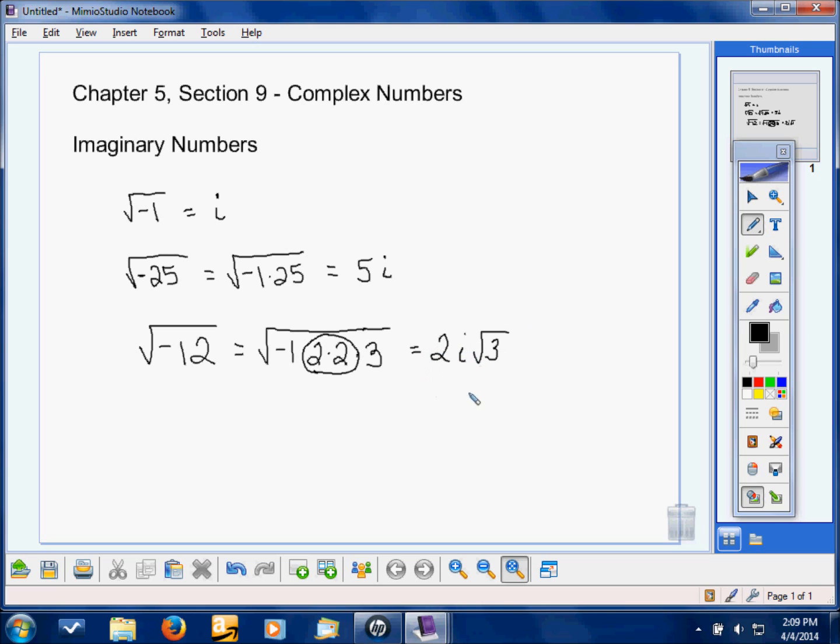So as far as the sequencing goes, you would put the whole number part first, then the imaginary part, and then the leftover root.